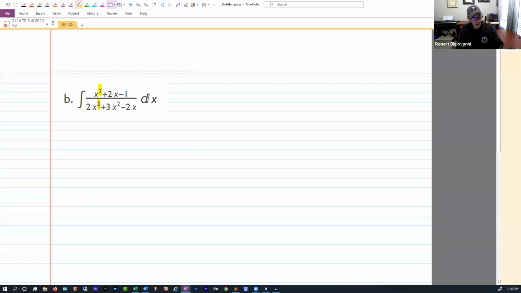The degree of the denominator is 3. So in this case, the degree of the numerator is smaller than the degree of the denominator. We only use long division if the numerator's degree is bigger than or equal to the denominator's degree, all right? If it's smaller, like it is in this case, we don't do long division. We go now to the next step, which we haven't talked about, which is partial fractions.